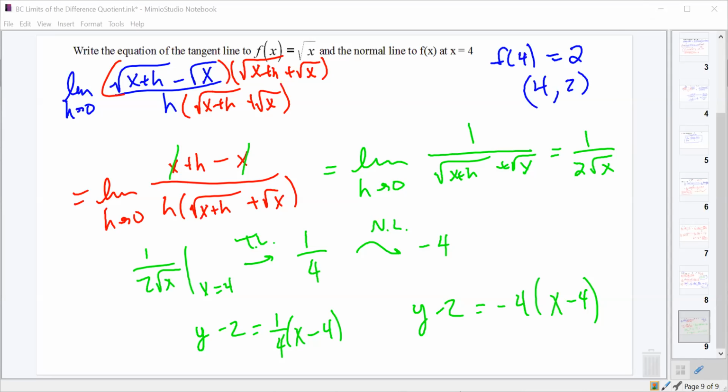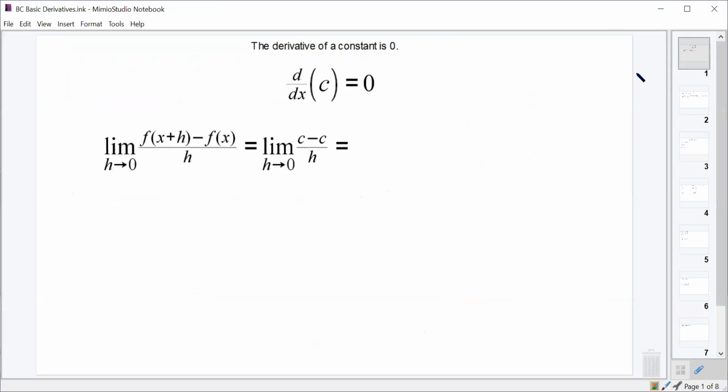Let's move on, starting with the basic ideas for our derivatives and how we wrote out some of the derivative formulas.